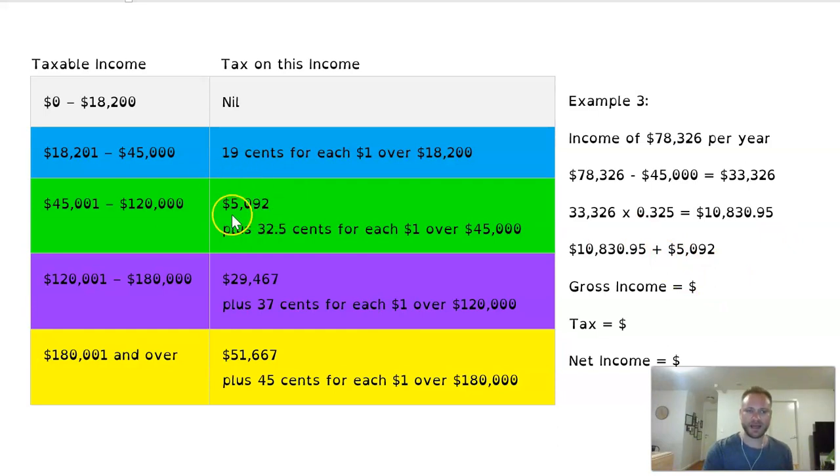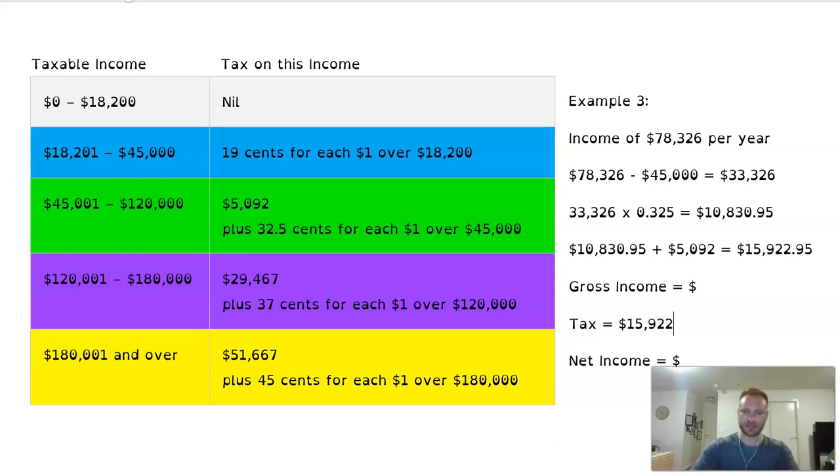So it's $5,092 plus 32.5 cents for each $1 over 45,000, which we worked out was $33,000, because $78,000 in total is what we earned. That will leave us with a grand total of $15,922.95 paid in tax.